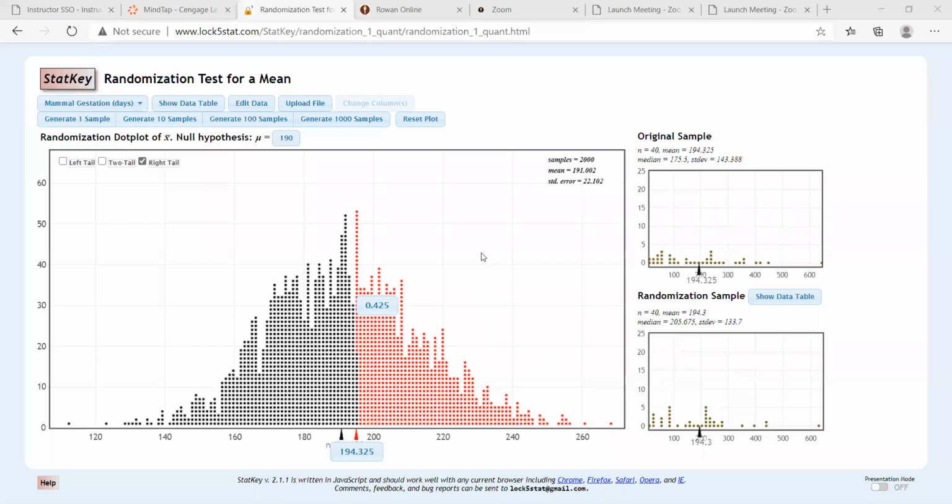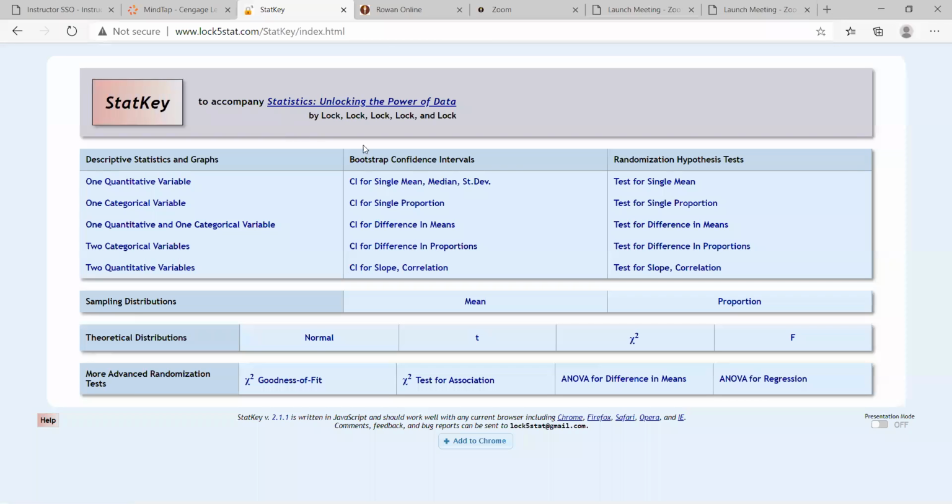Let's now look at an example of the difference between two means. Before, this was just one population of mammals. Suppose we're comparing two populations and we're measuring the same thing. These two populations are independent of one another. So StatKey has that test for difference in means.